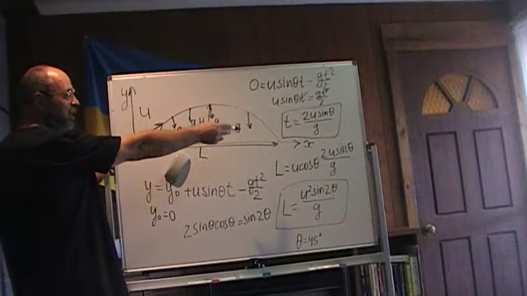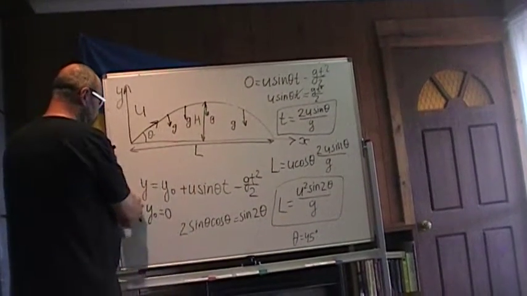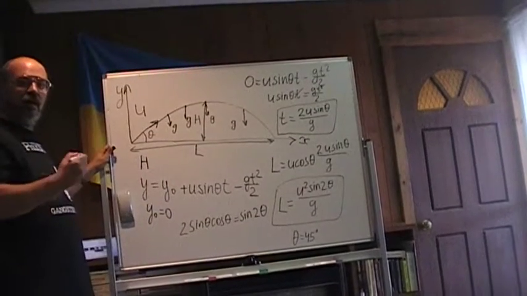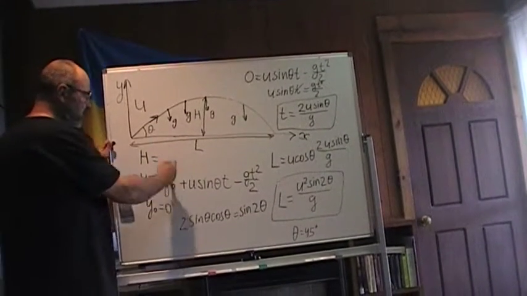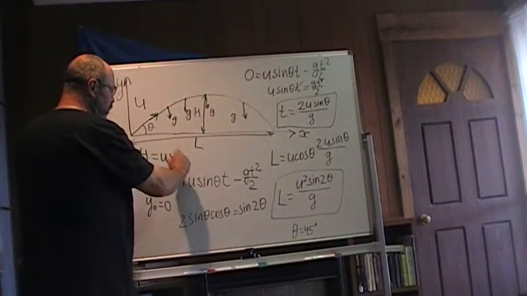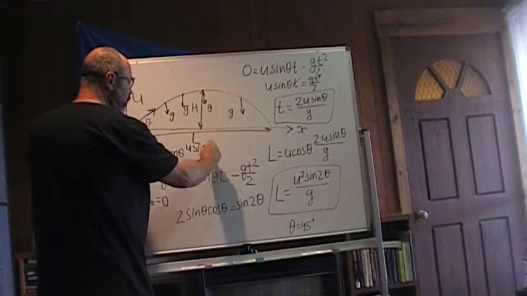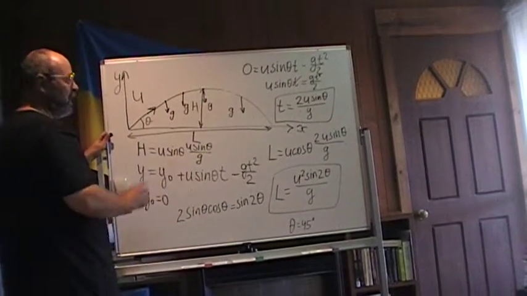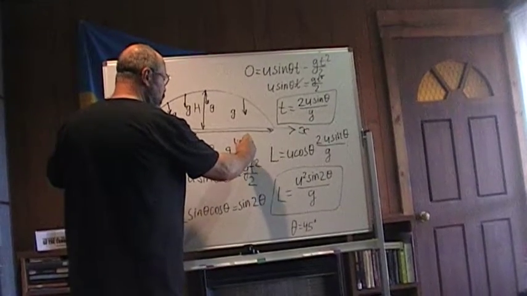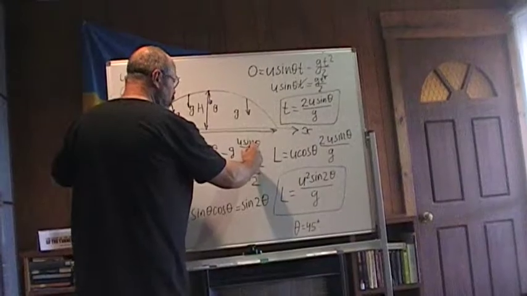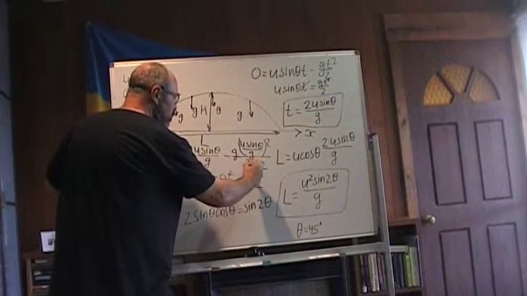We will get that the y position at the highest point equals the initial height, which we took as 0, plus u sine theta times half of the time, which is u sine theta over g, minus g times half of this time squared, that is u sine theta over g squared, and all divided by 2.